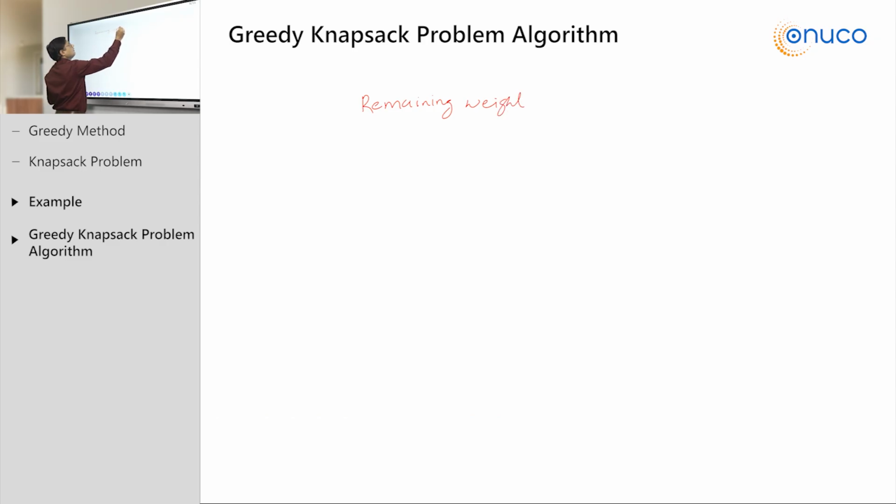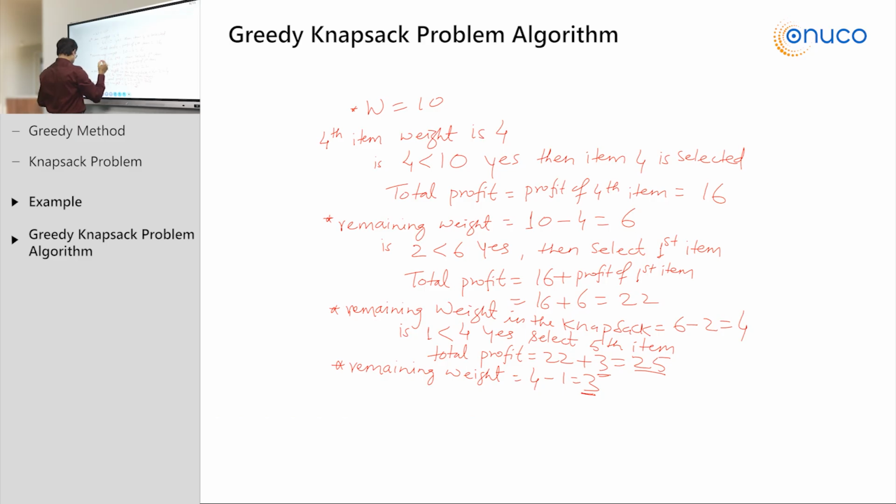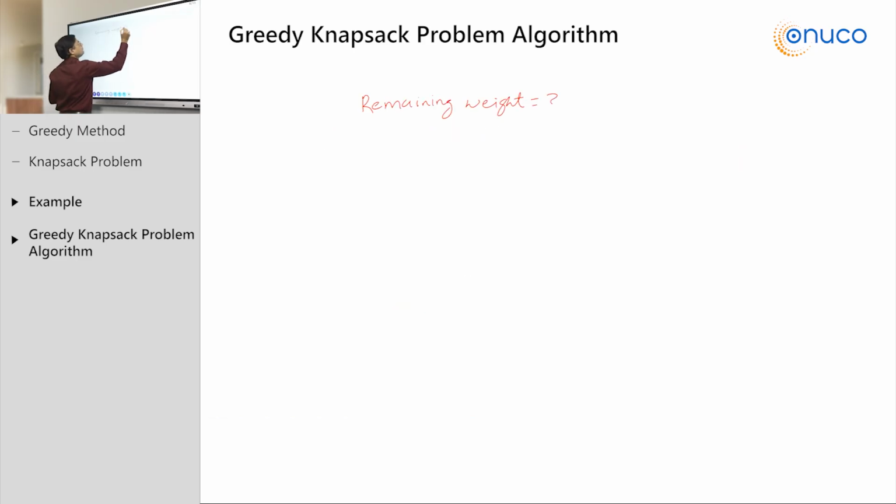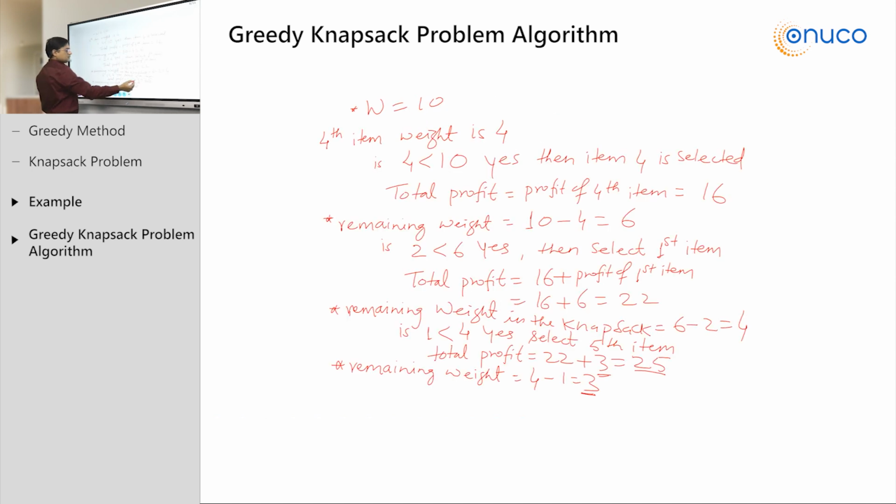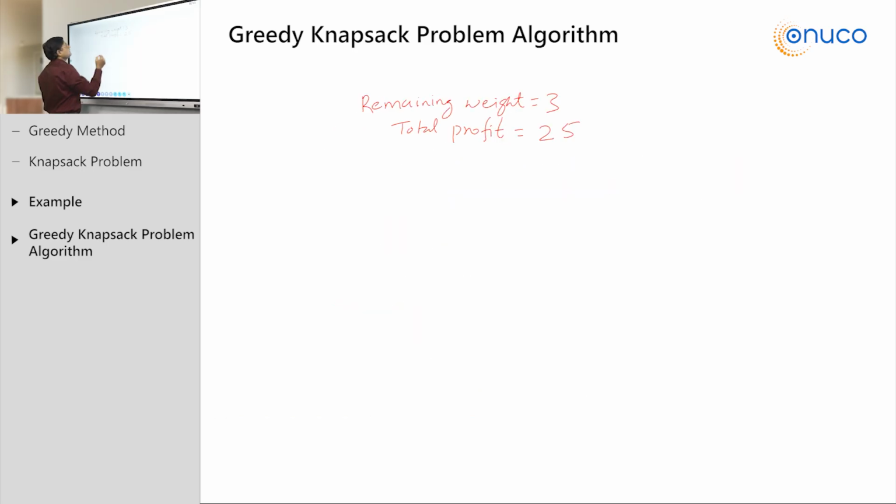Remaining weight, we have 3 kg, and as of now total profit we have 25, as we have discussed, right? Now next, what do we have? The third item.